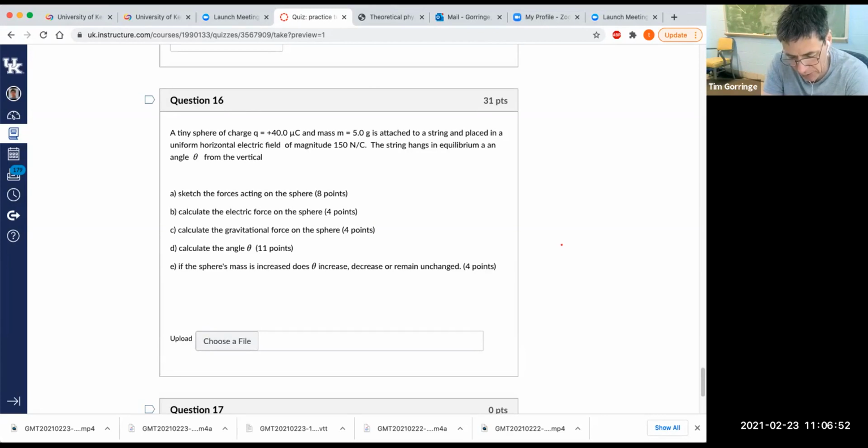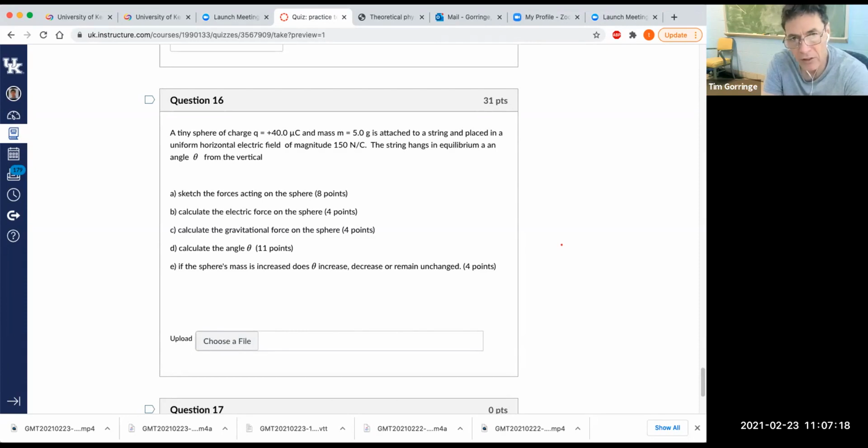Okay, the final problem, the fully worked out problem, where we show all our equations, diagrams, and calculations, is problem 16. In this problem, we've got a tiny charged sphere that's attached to a string. And the charged sphere is placed in a horizontal electric field. And so the charged sphere is experiencing both a downwards gravitational force and a horizontal electrical force.